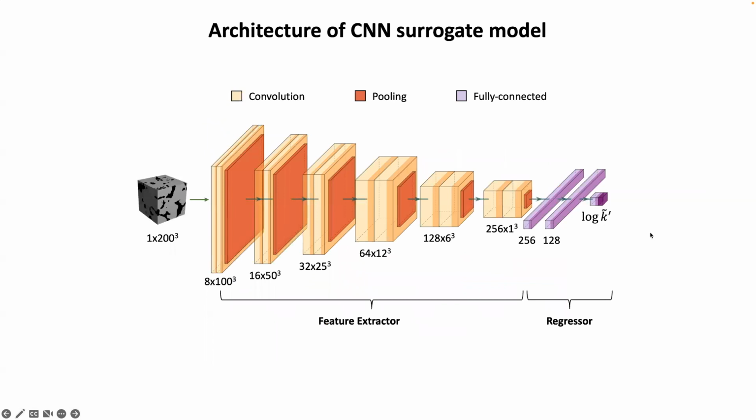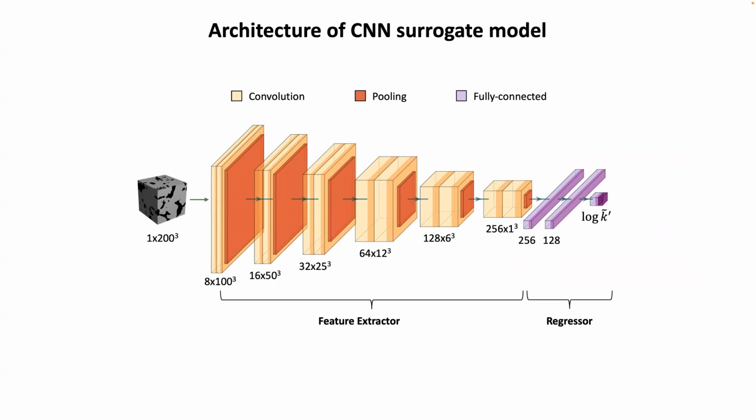In this study, the subvolume size of the training samples is set to 200 by 200 by 200. That is sufficiently large to capture local microstructures of most digital images and to guarantee small numerical errors induced by the hierarchical decomposition.